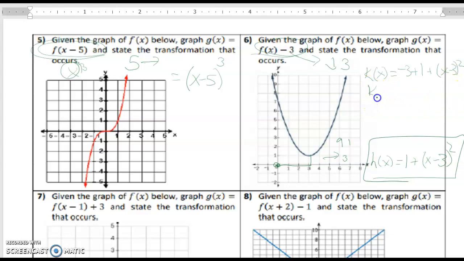The new function they want us to write is going to be negative 2 plus x minus 3 squared. So that means we're going to take this parabola and we're going to move it down 3, 1, 2, 3, and instead it's going to be there. I should have drawn this one, moving it to the right 5. It's going to be here.